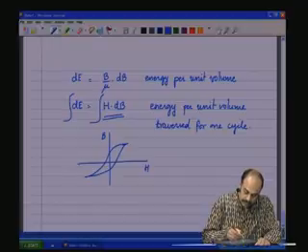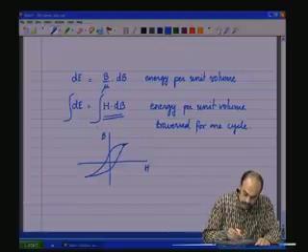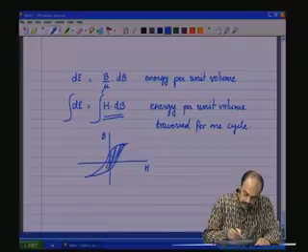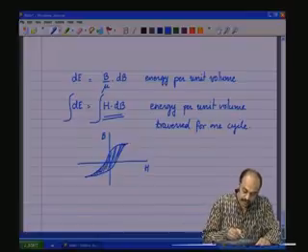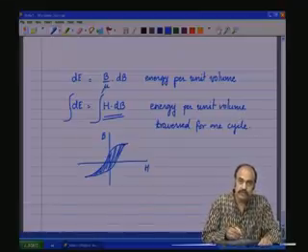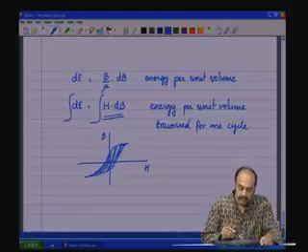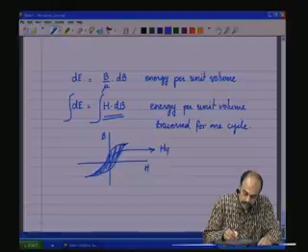So, as B is traversing positive and negative, H is also traversing along this, and an integral of this is going to be basically this area, and that area is going to be lost forever. That energy is going to be lost forever, it is not going to be got back. That is called the hysteresis loss.